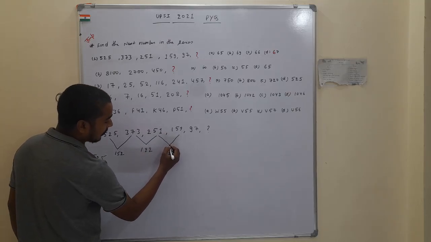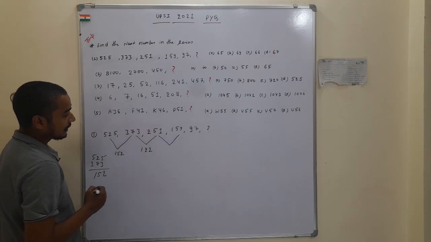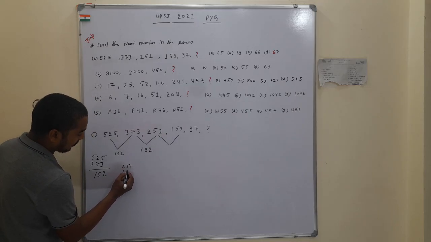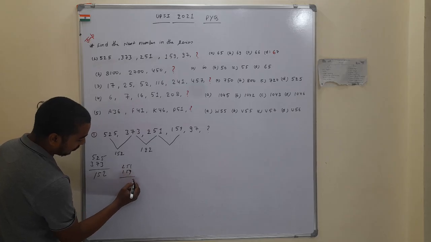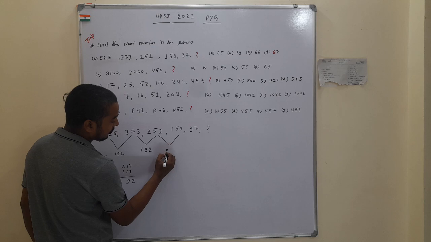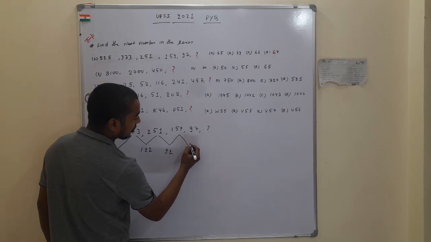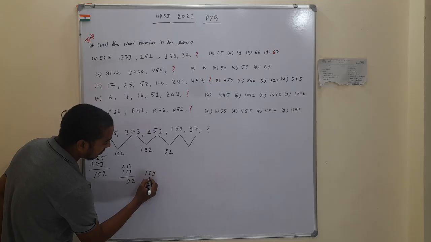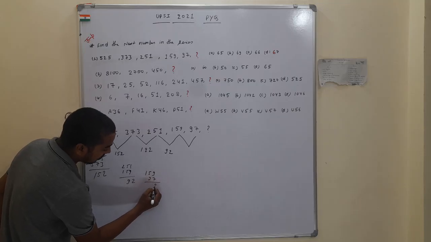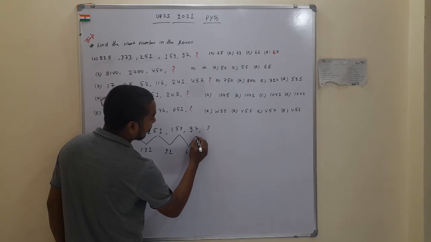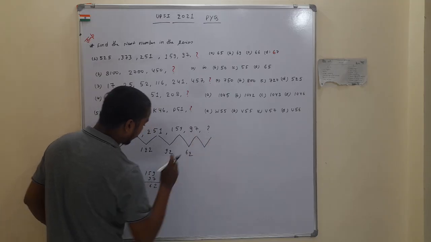And 251 minus 159, we get 92. Similarly, 159 minus 97, we get 62.